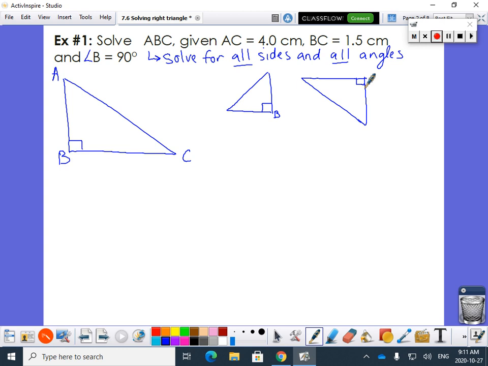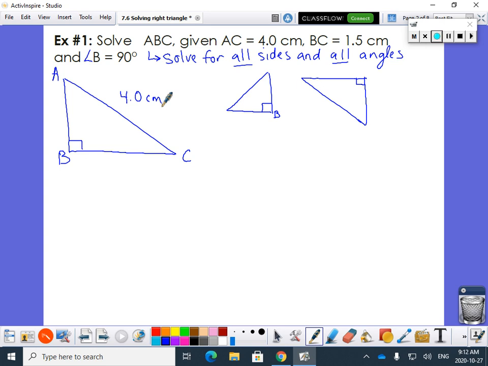So it says angle B is 90 degrees, so we got that, and then it says AC is 4 centimeters. So this is our AC, 4.0 centimeters. What do we call this side of the triangle? The hypotenuse, okay? So this should be the longest side of the triangle, lengthwise.